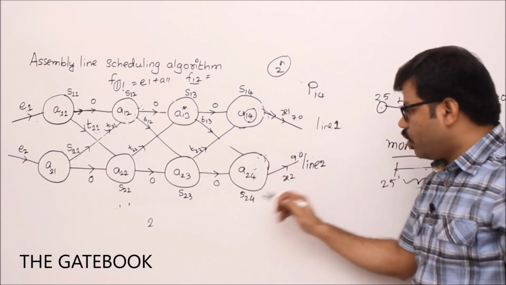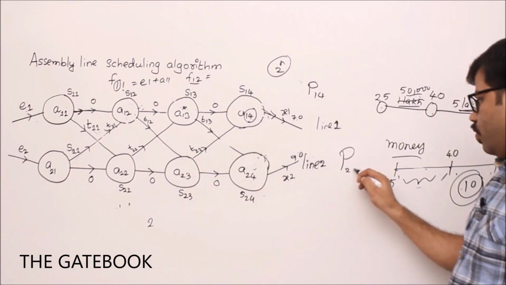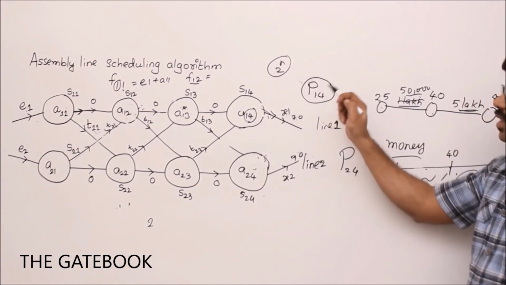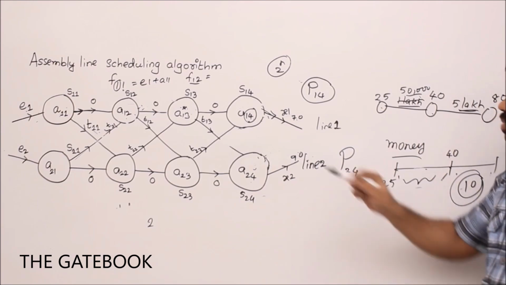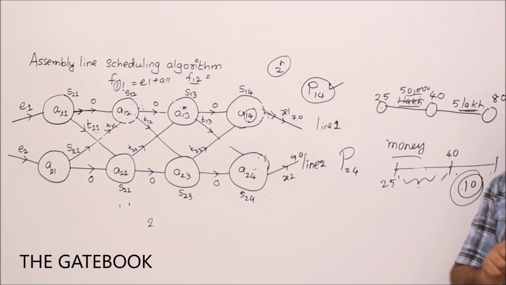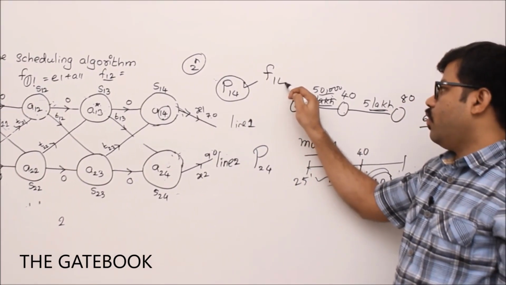Because there are a lot of paths, there is one path which is coming through P24. My question is, this P14 I will select only if it is the minimum cost path, correct? So what is the minimum cost path definition? We are denoting it by F14.